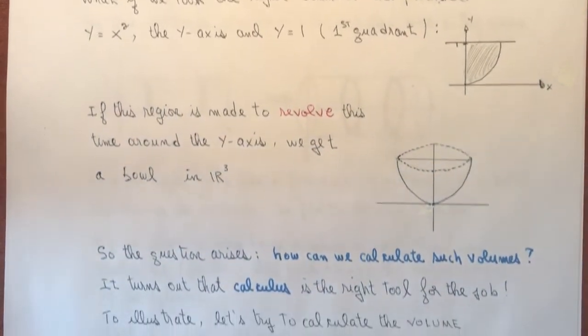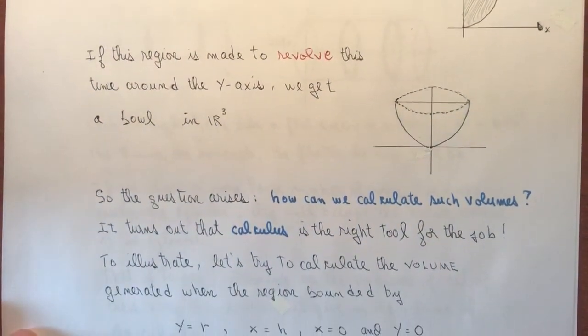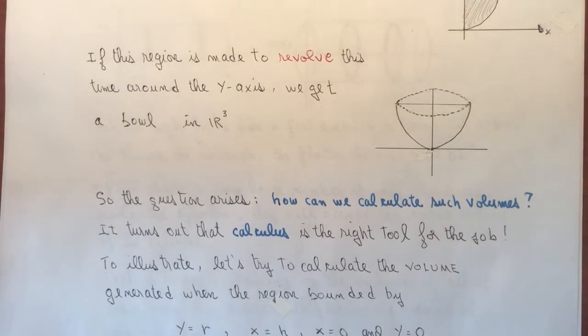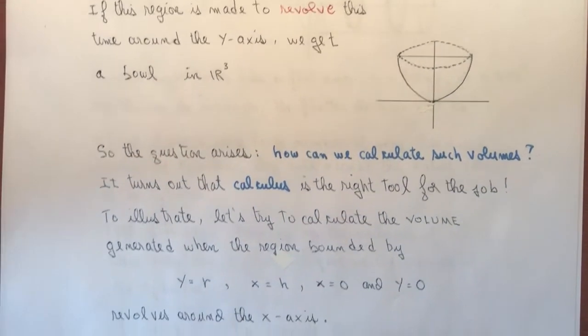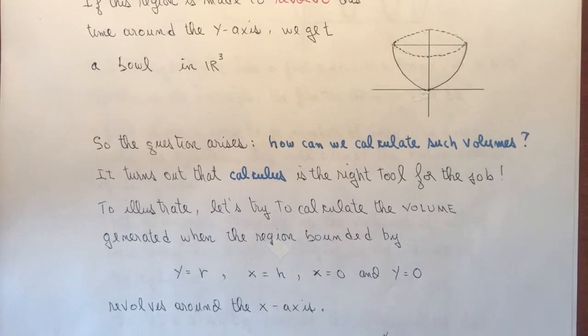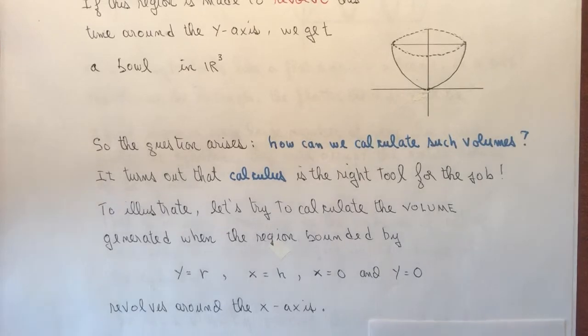So obviously, the next thing that we want to know is how do we calculate such volumes? Turns out that calculus is the right tool for the job. To illustrate, let's try to calculate the volume generated when the region bounded by y equals r, x equals h, x equals 0, and y equals 0 revolves around the x-axis.